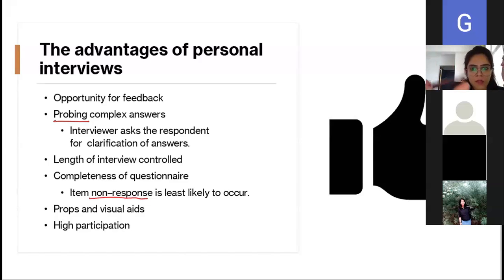And the length of the interview is controlled. So these are the advantages: you can get feedback, you can do probing, you can control the length of the interview, and there is completeness of the questionnaire. What do you understand by non-response?